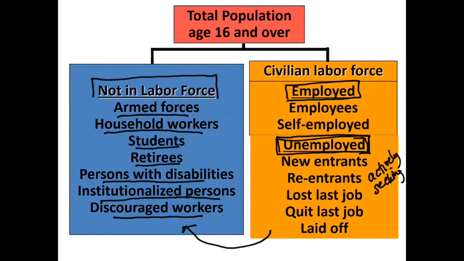So, for example, if we are in the month of September and if we are jobless, so if we are actively looking for a job in the month of September, we are considered unemployed. But if we stop looking for a job in August, that means we are now not in labor force. We're not in civilian labor force if we're not looking.